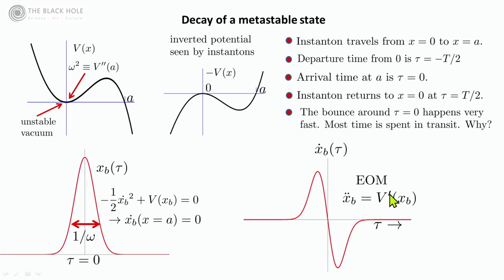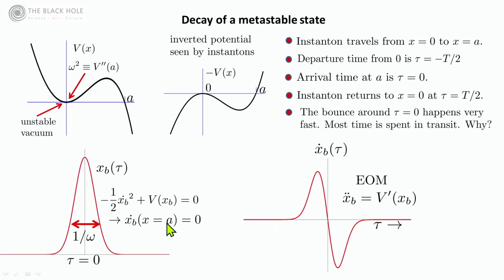Now look over here, V prime at a. Here you see that the slope is highly negative, which means that xb double dot is highly negative, which means that it's accelerating towards 0. And the bigger V prime is, the faster it'll go.